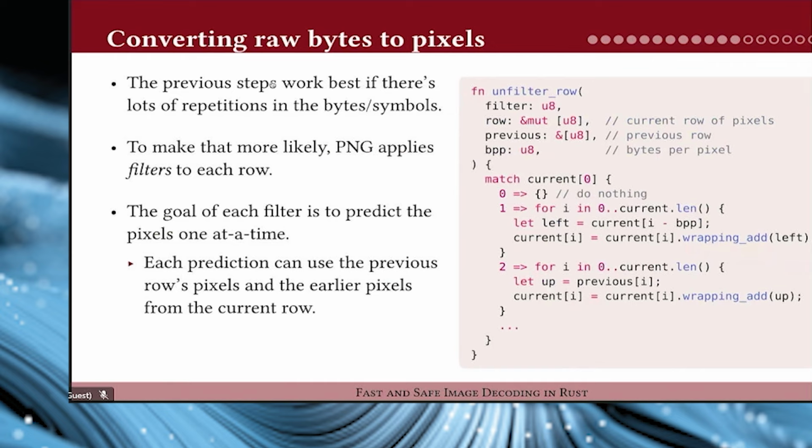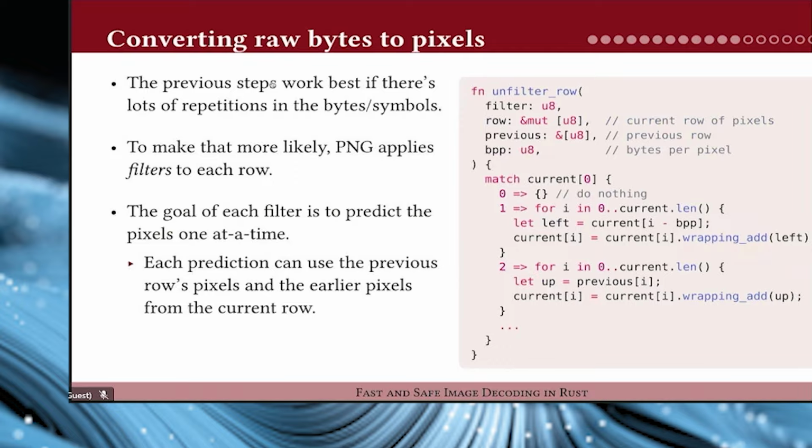And PNG has a trick on how it can make it more likely that these symbols are 0. The way it does that is called filtering. What you're trying to do is for each individual pixel, instead of saving the red, green, and blue values, you make a prediction, and then save how wrong your prediction was from the value you predicted.